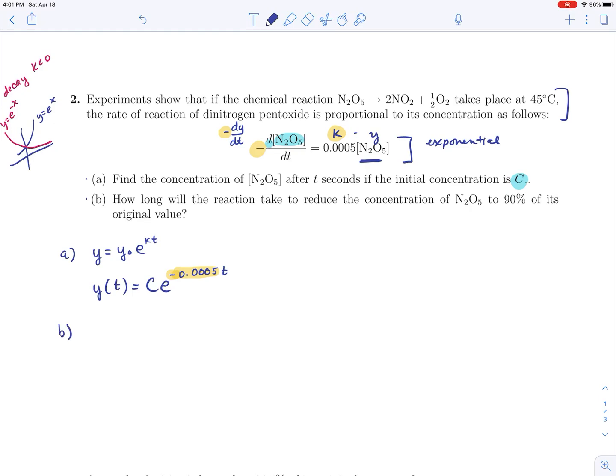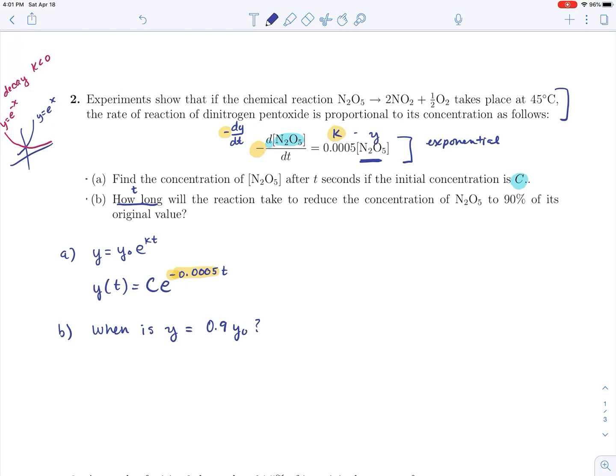And then B, how long will the reaction take to reduce? So how long, that means we're looking for T. Will the reaction take to reduce the concentration of N2O5 to 90% of its original value? So we want to know when is Y equal to 90%, or 0.9, of its original value.